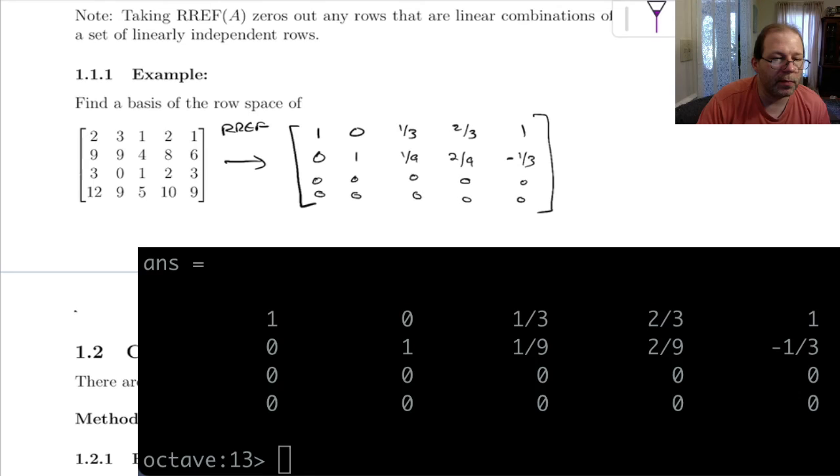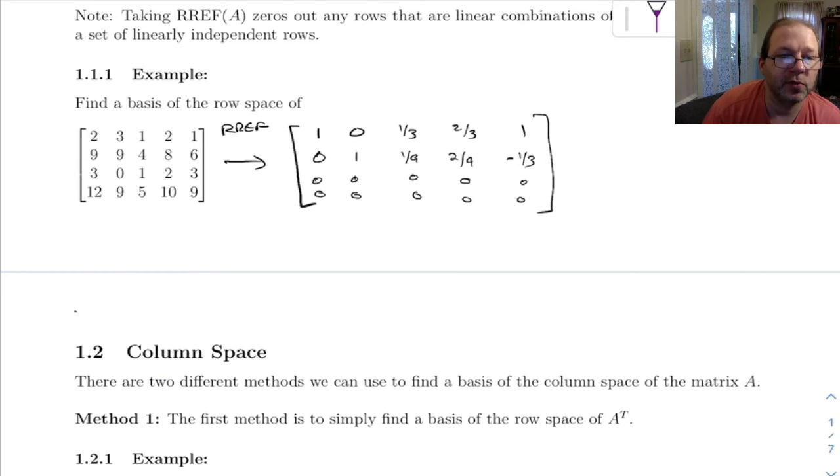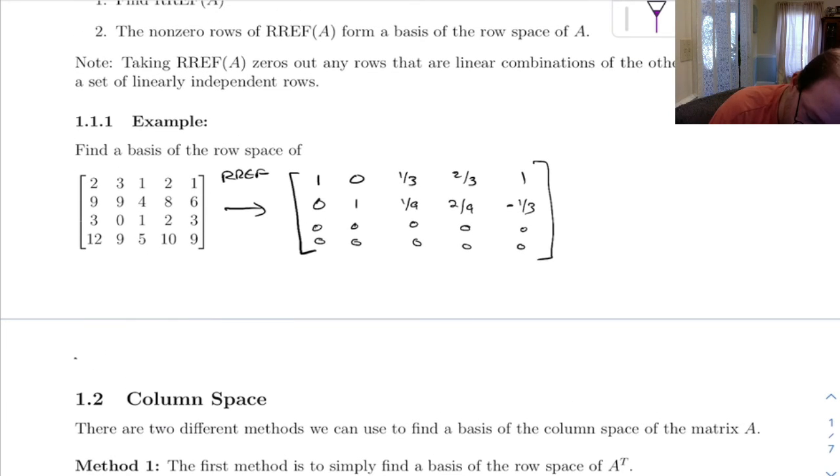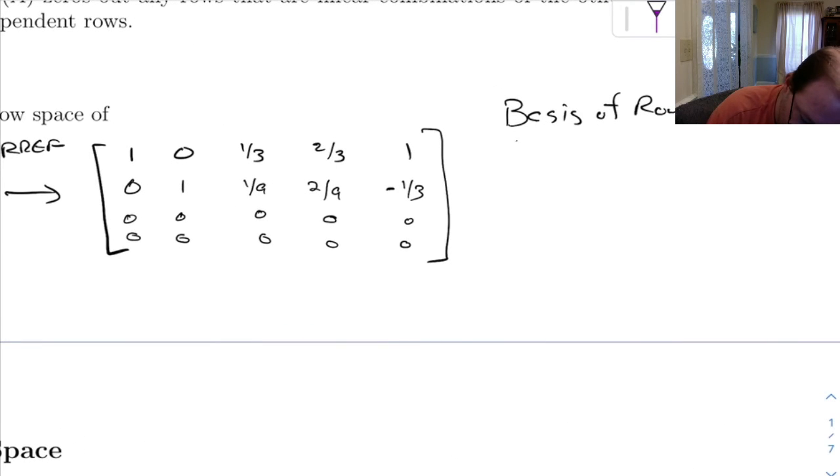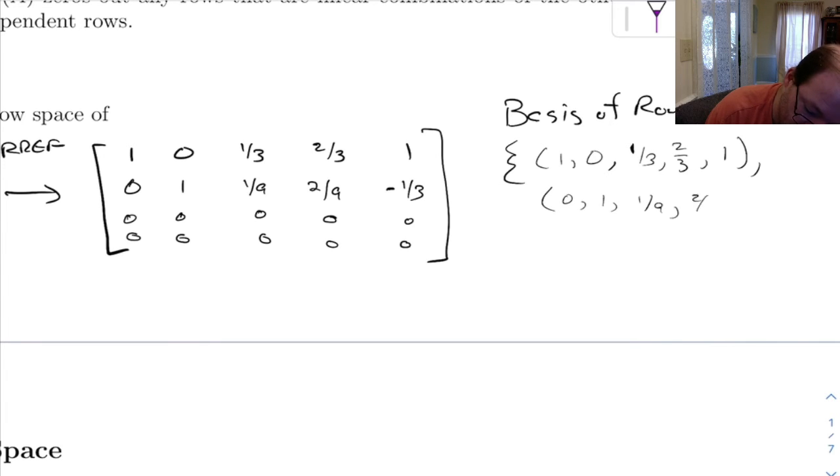So a basis of this would be just those top two rows. So the basis of the row space, I'm going to enlarge this a bit, would be 1, 0, 1/3, 2/3, 1, then 0, 1, 1/9, 2/9, -1/3.